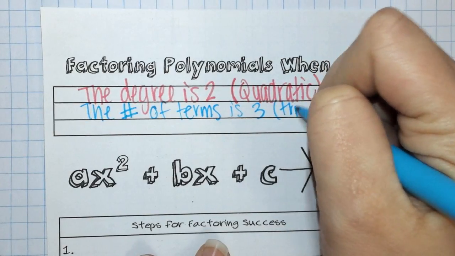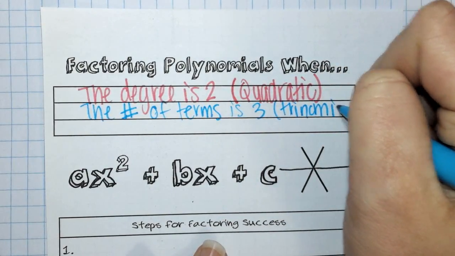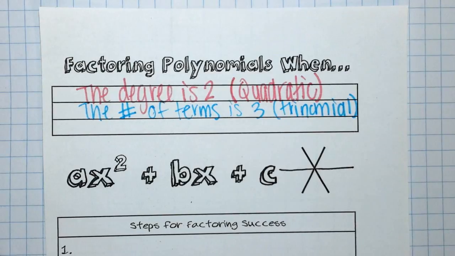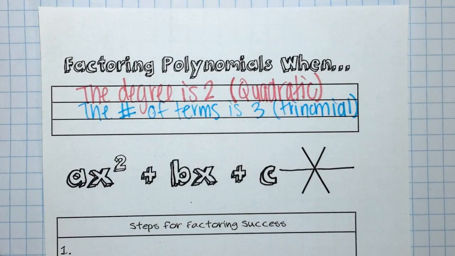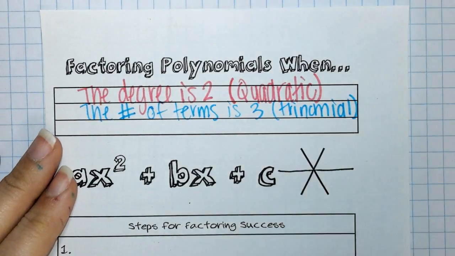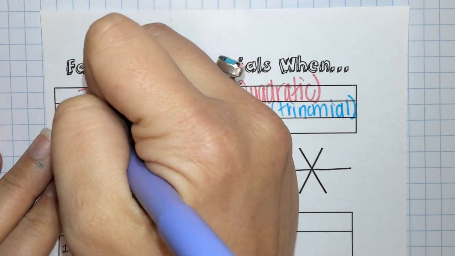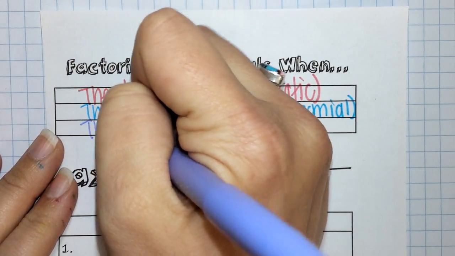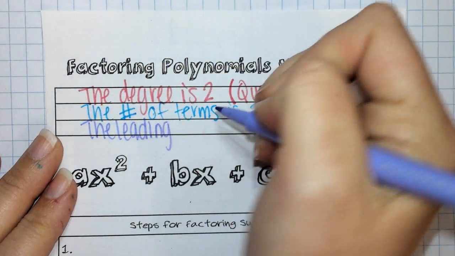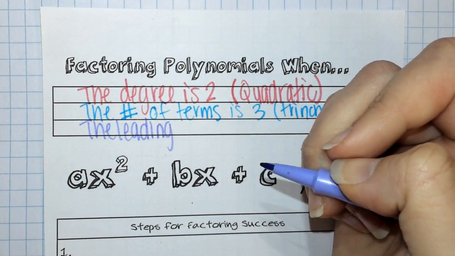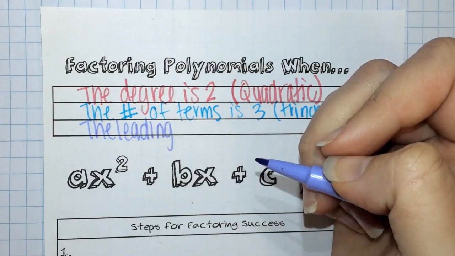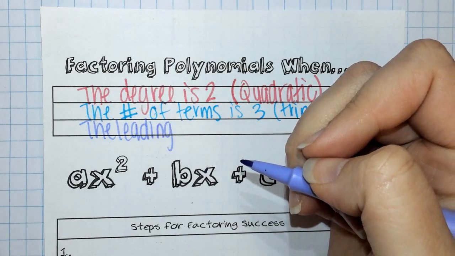Trinomial. And this specific special method is when the leading coefficient, what's the leading coefficient? The number out front.